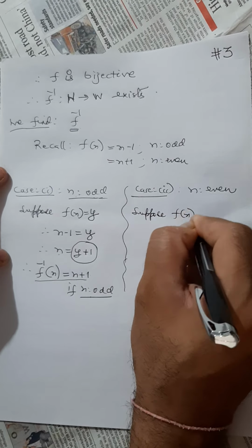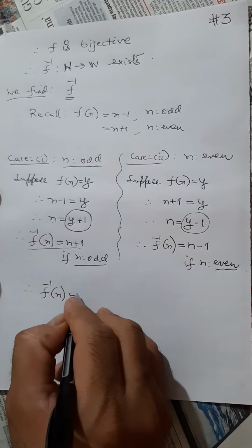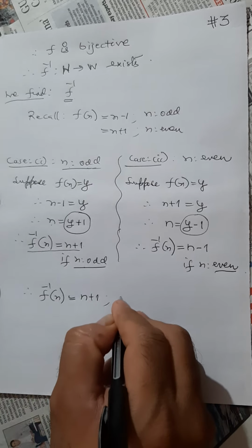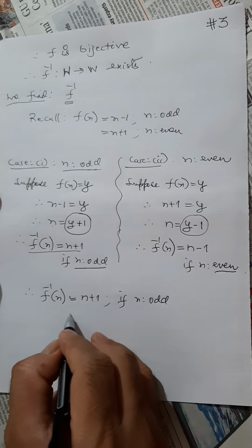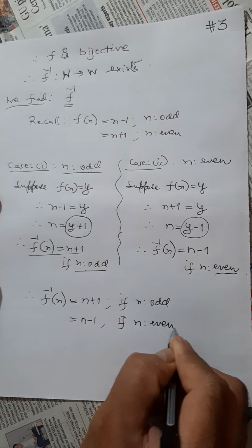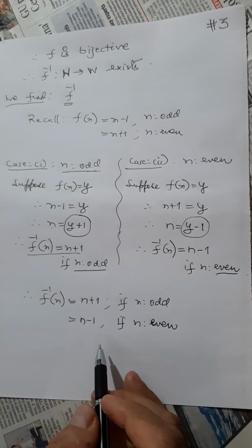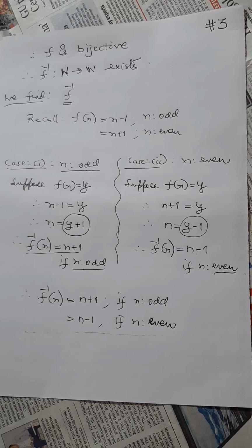So finally f inverse of n equals n plus 1 if n is odd, and f inverse of n is n minus 1 if n is even. So this way we have the inverse of the function here.